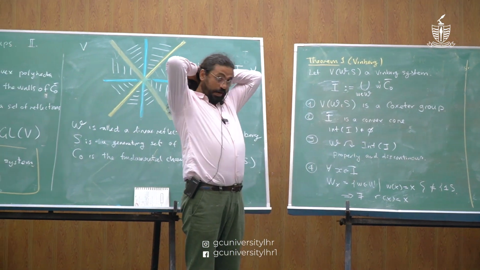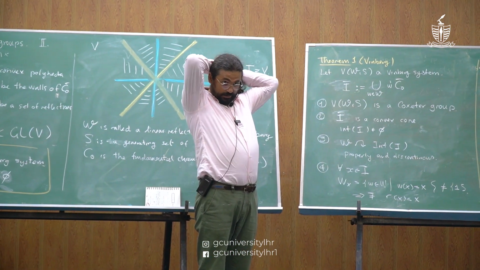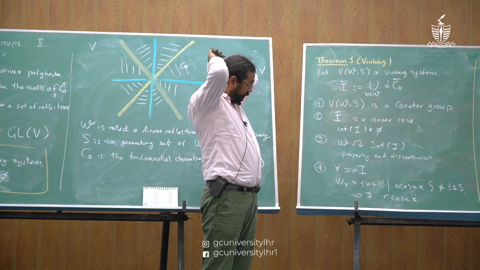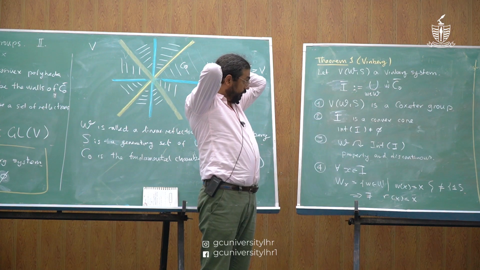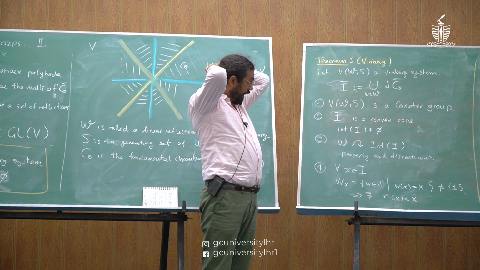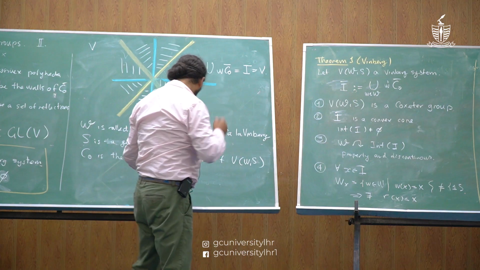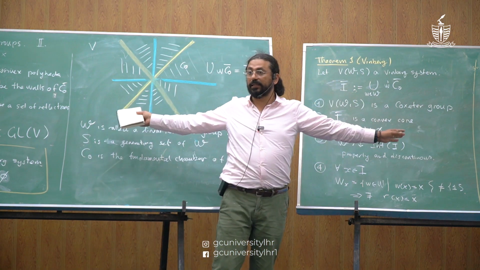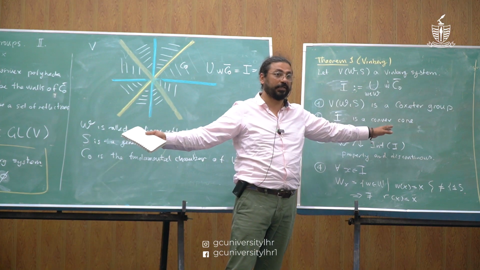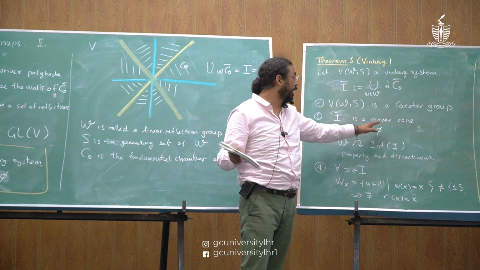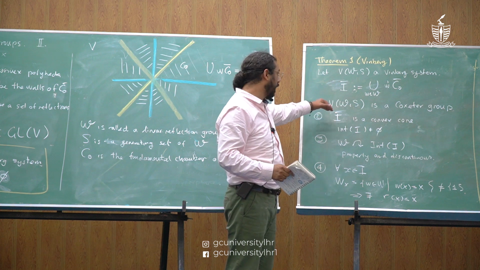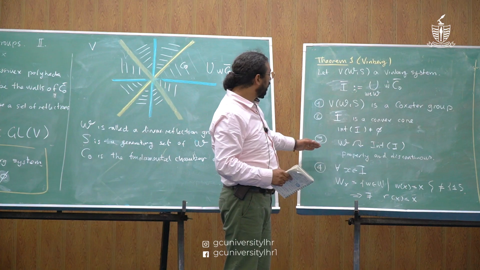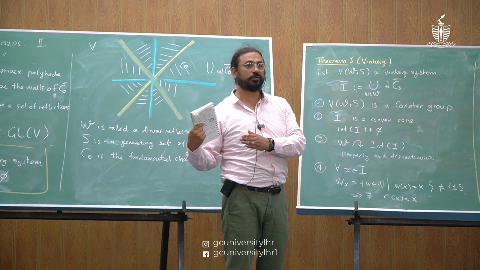So we are recovering a geometric interpretation of the abstract group that we gave. We are saying that we have these geometrical objects, and from these geometrical objects we can construct Coxeter groups.